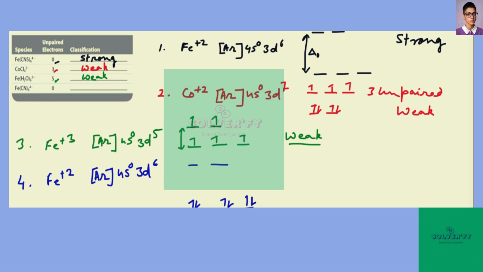So all paired electrons can be explained by this only. And when the splitting is high, this is only possible when the ligands are strong. So a strong field complex is formed here.